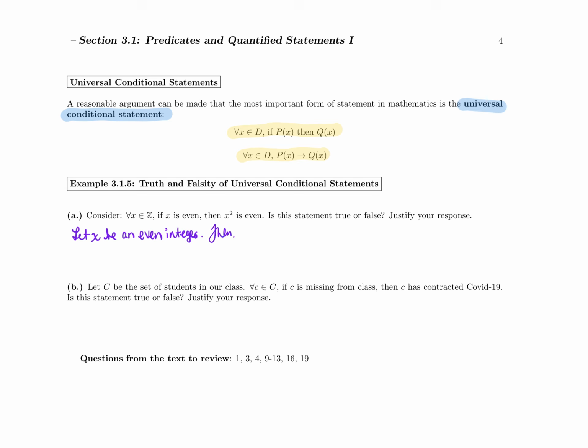then we know that x squared is x multiplied by x. And an even number, right? An even number multiplied by another even number is also even.